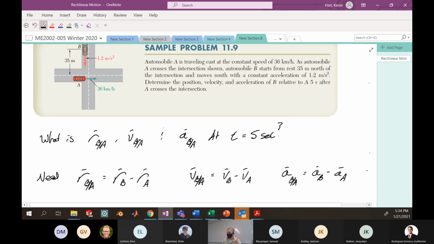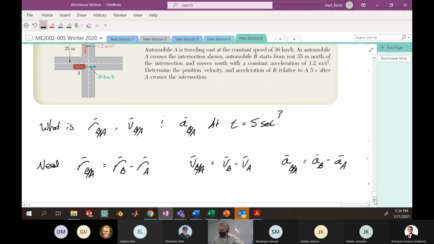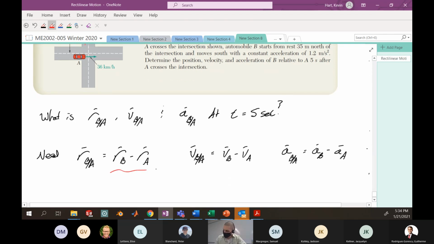Once I get those values as a function of time on the right-hand side, my problem becomes pretty easy. So we're going to define all these guys as a function of time.